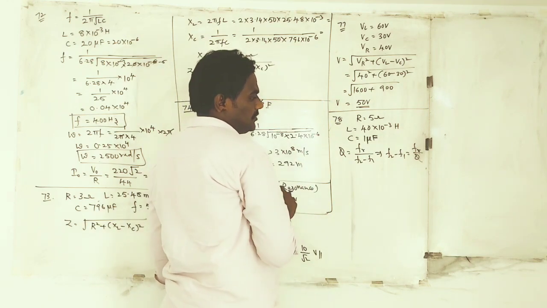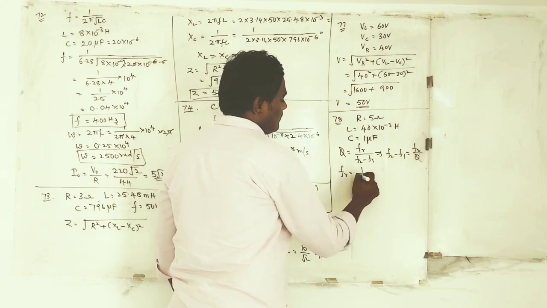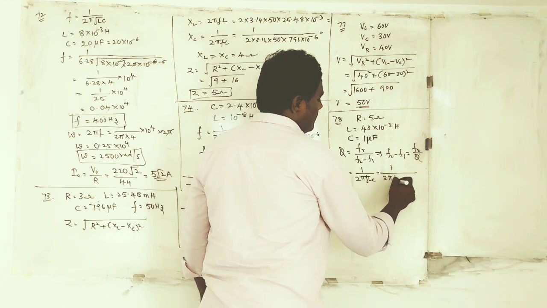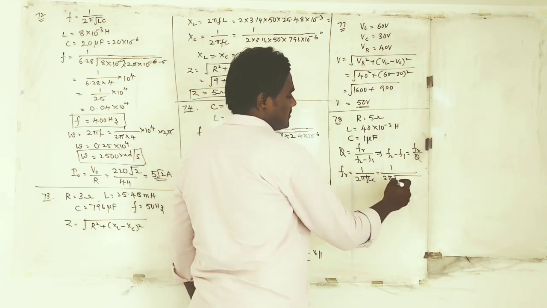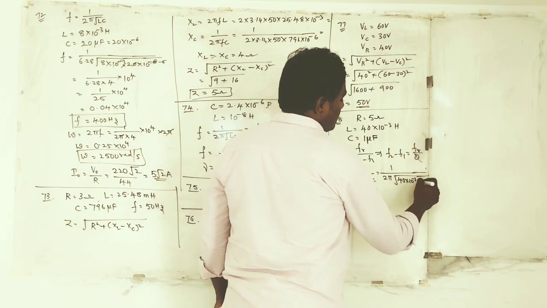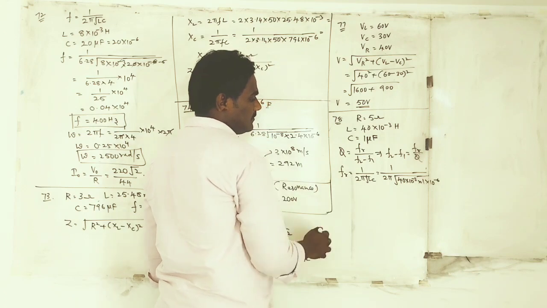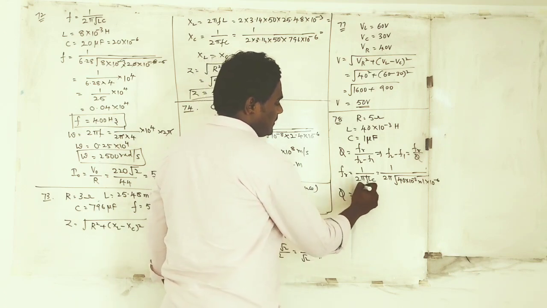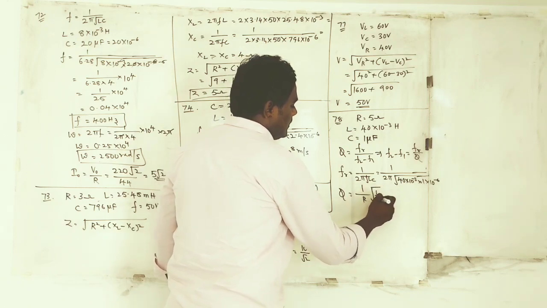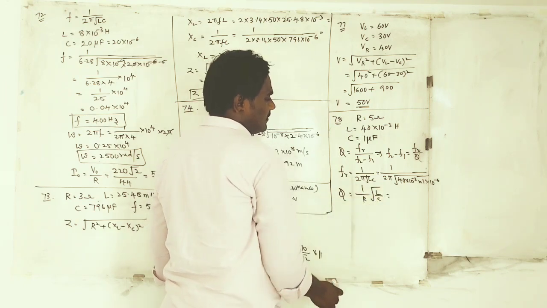Now this solution will need some work. First you substitute FR as 1 divided by 2 pi root LC, where LC is 40 into 10 power minus 3 into 1 into 10 power minus 6. You solve and get FR. Similarly, for the quality factor use the formula 1 by R root L by C. Substitute R, L, C here, you will get the Q factor.